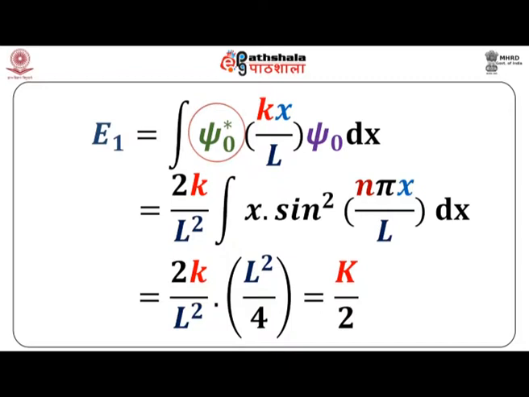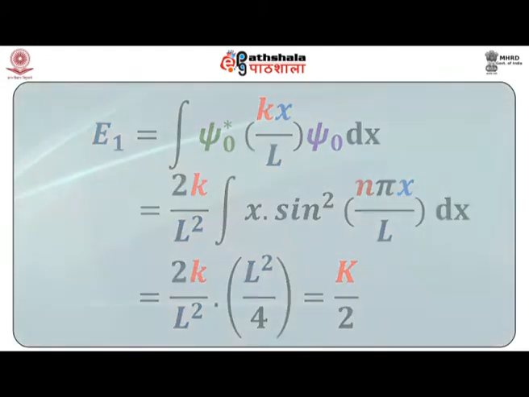Then we put in H1 cap, the correction we just mentioned, and if we substitute all this, we get the first order correction to energy due to perturbation, which comes to be K by 2.